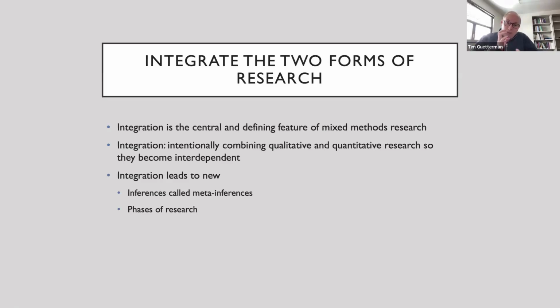So this is the key and defining feature of mixed methods that really distinguishes mixed methods from all other approaches. So if we have a study with a quantitative component and a qualitative component, but they're not actually integrated, I would probably call that a multi-method study, but not really a mixed method study.